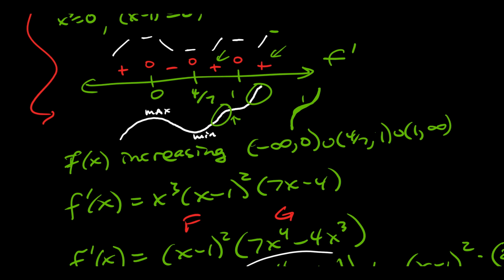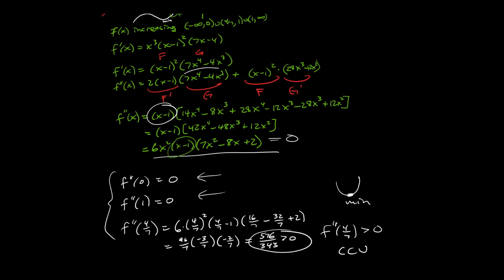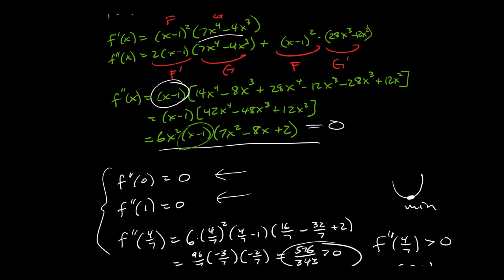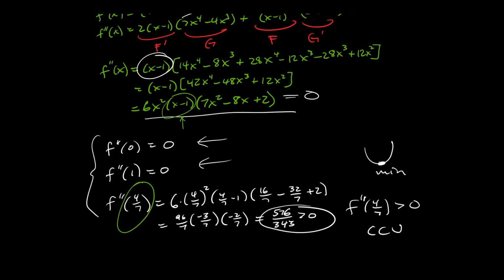But the second derivative did tell us that at 1 there was an inflection point. Well, it indicated there was one because the second derivative is 0 at 1. But the second derivative test told us that 4/7 is a local minimum.